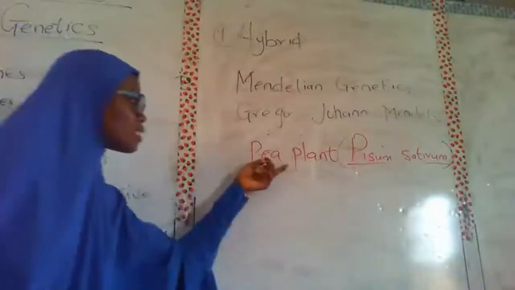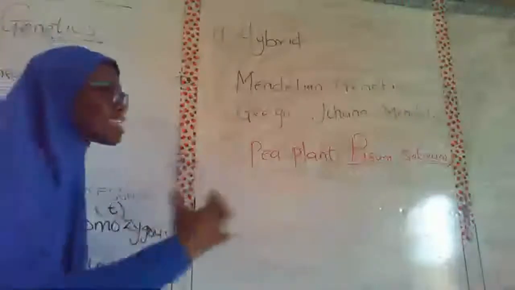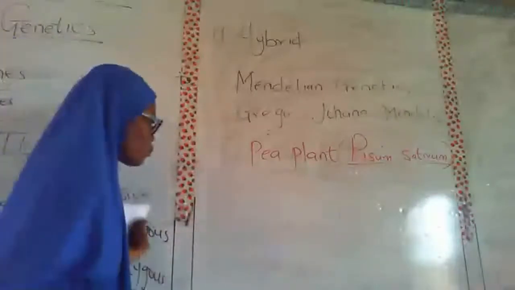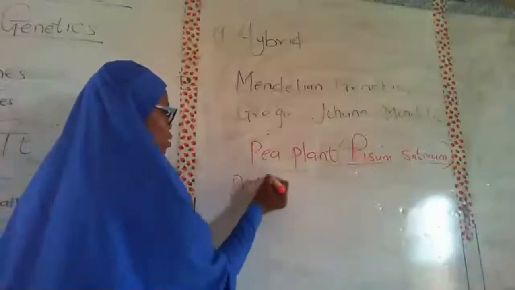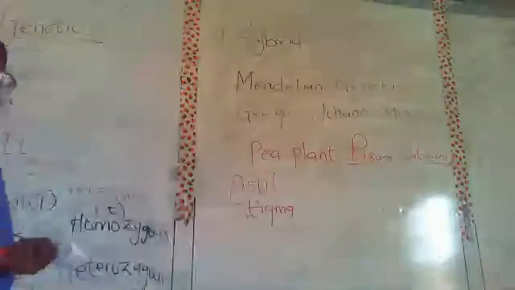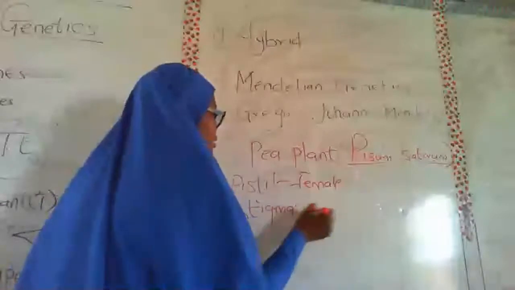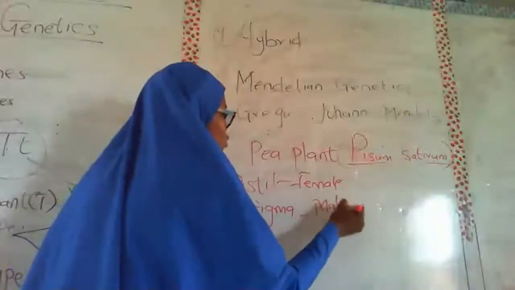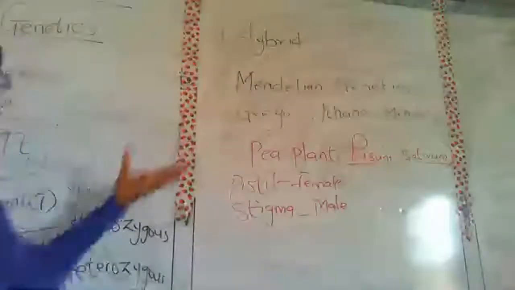The pea plant has both the male and the female gametes. It has both the pistil and the stigma, the pistil for the female, then the stigma for the male, on the same plant.